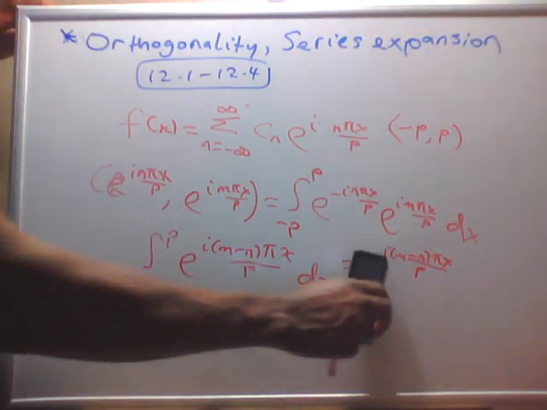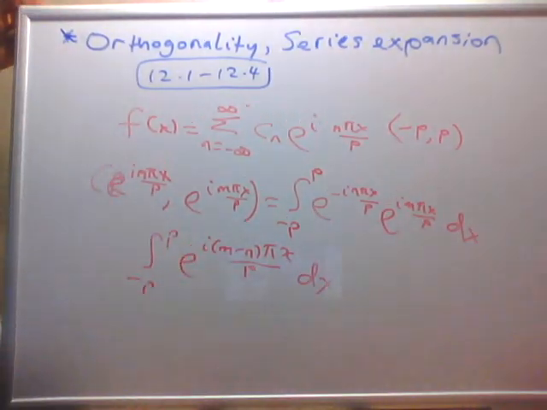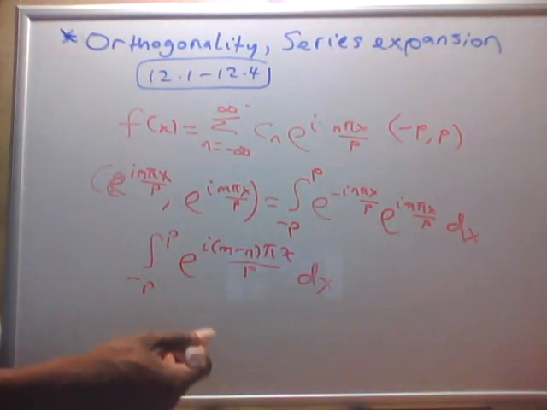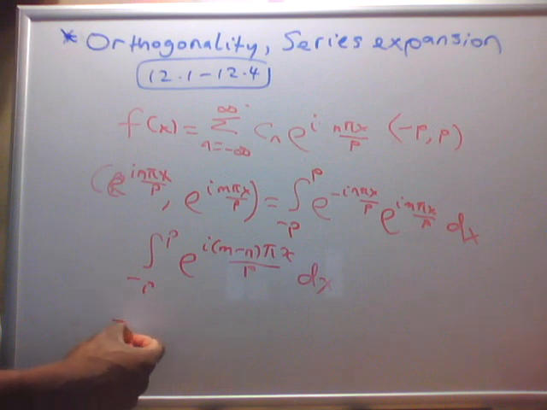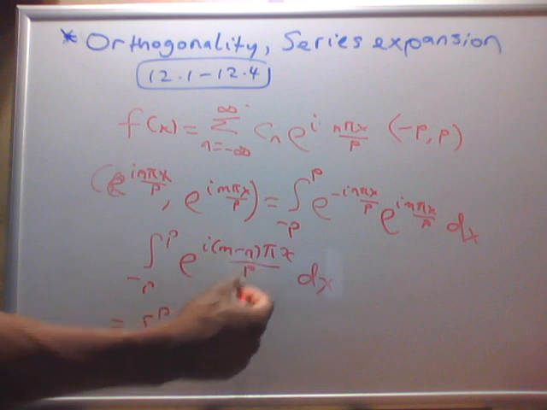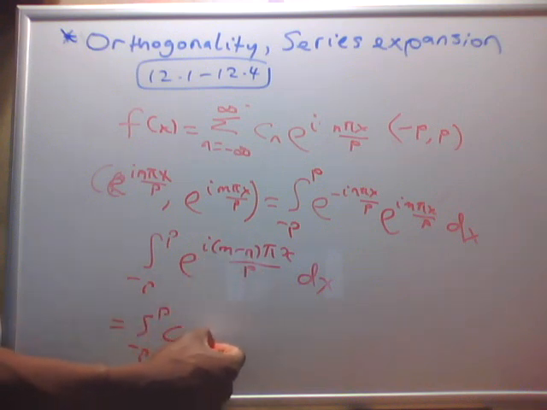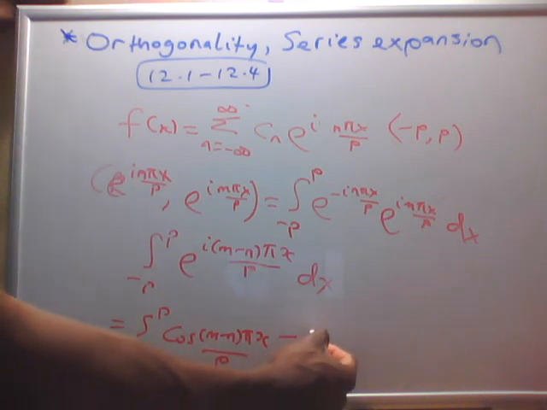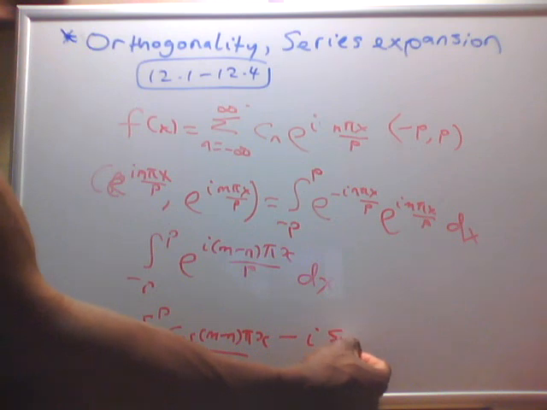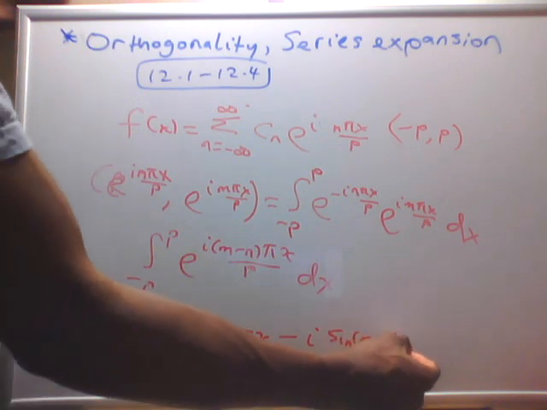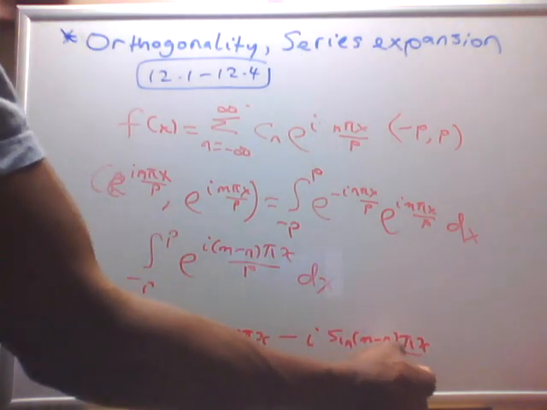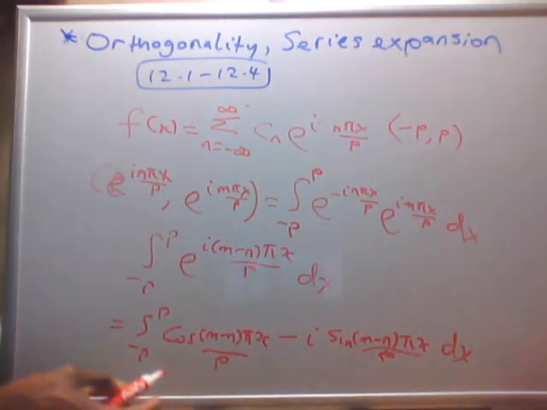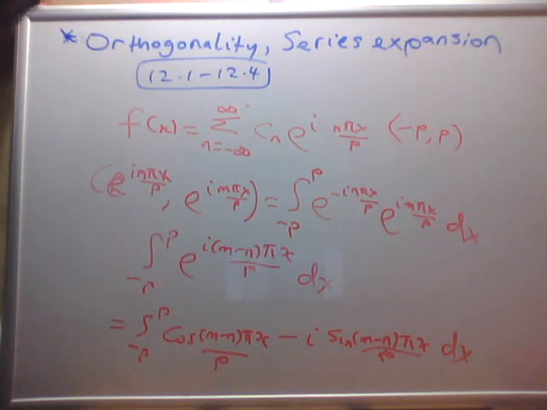Or if you prefer, this might be a little easier to see. Negative p to p, cosine of (m minus n) pi x over p minus i sine of (m minus n) pi x over p dx. Okay, is it clear?